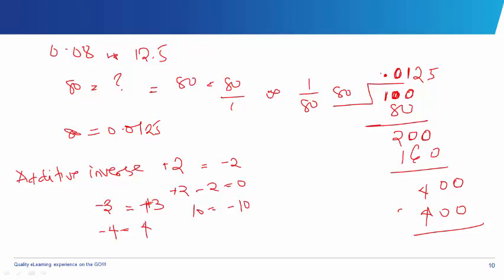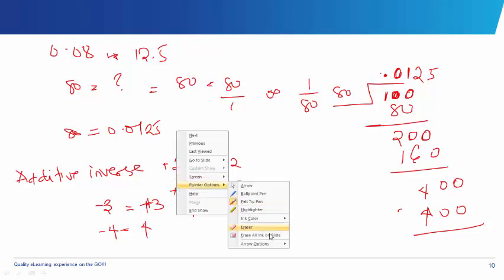Now let's take another example. What is the multiplicative inverse of minus 1.50? So the multiplicative inverse is same thing as turning this upside down. Now to turn it upside down, it's easier for us to do it as a fraction.